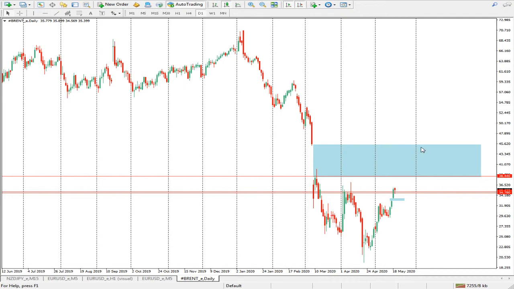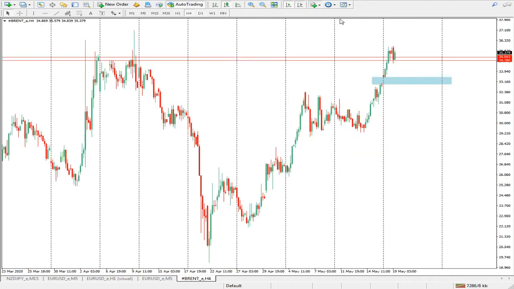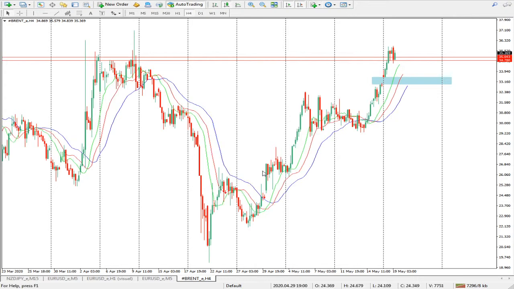If the price can successfully fill this gap, that is, move from this point up to this point, then that could be a good sign that we may be recovering. As it is now, we are still upwards, but only up to this point. I'm going to add some indicators here. I'm going to add the alligator indicator, you can see it upwards.